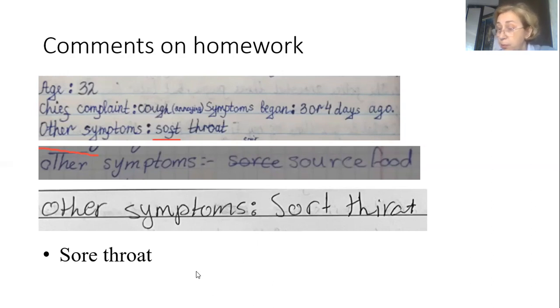I guess most of the students have done this correctly without any problems. Well, yes, 10 points, most of the students. Do you have any questions about this homework? No questions. Good. Well, now let's move on.